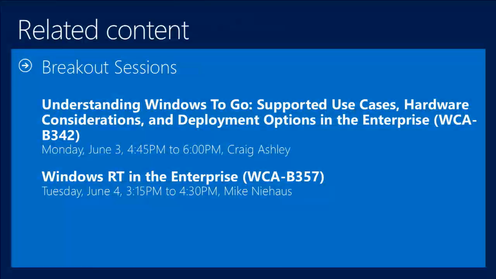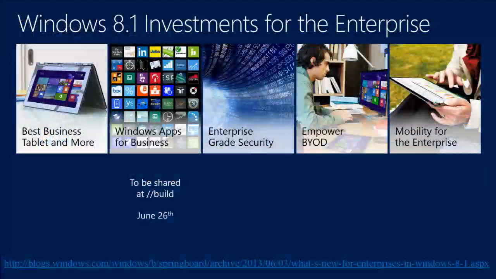So we do have another session this afternoon talking about Windows to Go that Craig is doing. I also have a session on Tuesday afternoon talking about Windows RT in the enterprise, talking about some of the changes in Windows 8.1 in regards to Windows RT, so we can get into more details there. As far as the functionality goes, on the UI side and on the application capabilities, we talked about those being shared at Build.